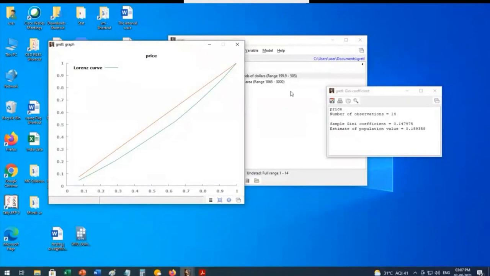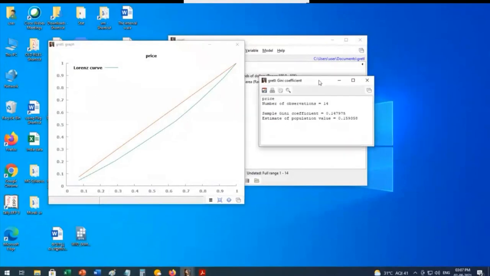Now this area is much lower. That means there is not much inequality in this particular variable. I have taken the price only. So the Gini coefficient is 0.147975. That is very low. We have very low inequality in the price level.